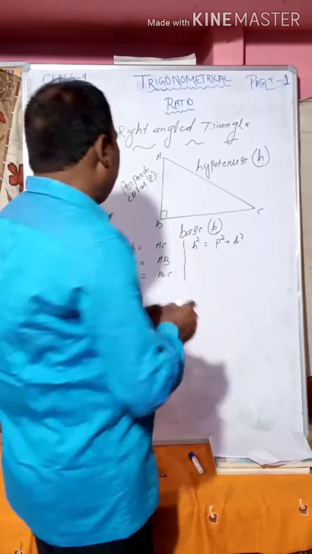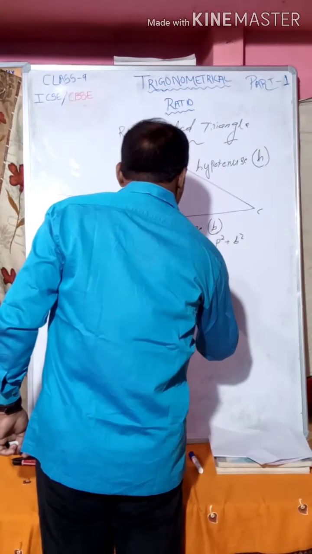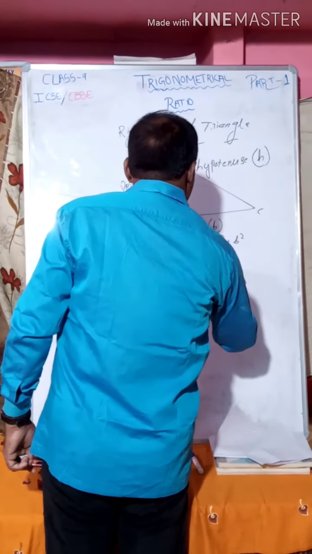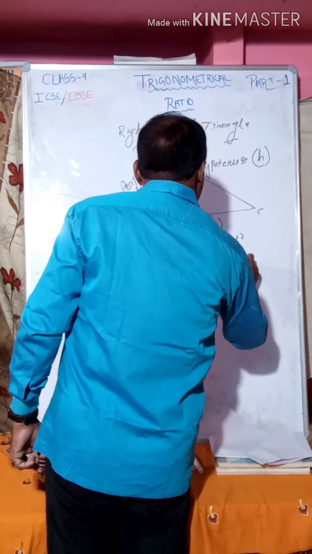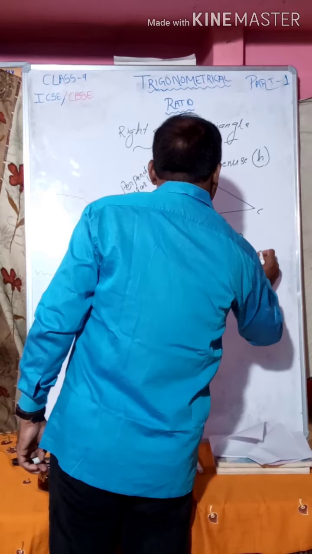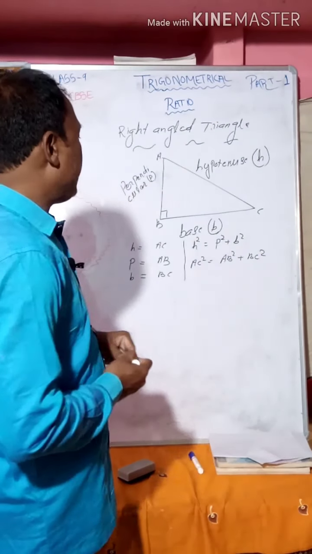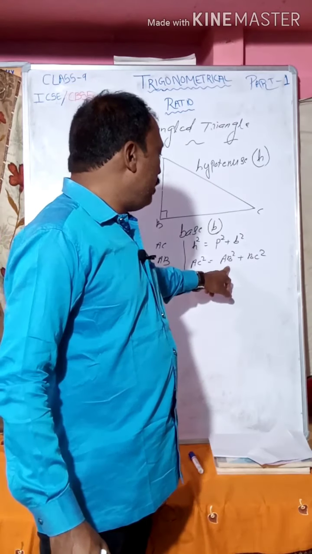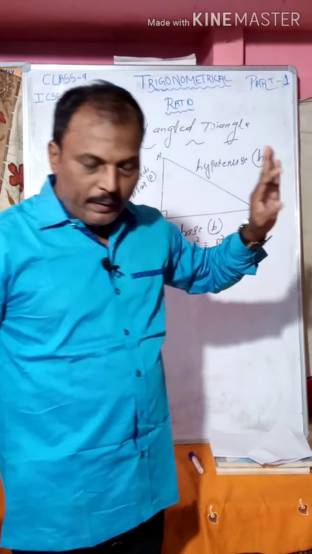This means AC square is equal to AB square plus BC square. In this triangle the hypotenuse is AC, so AC square is equal to AB square plus BC square.